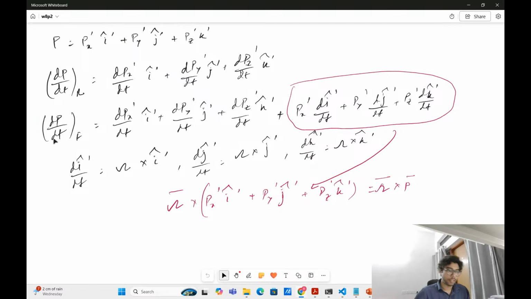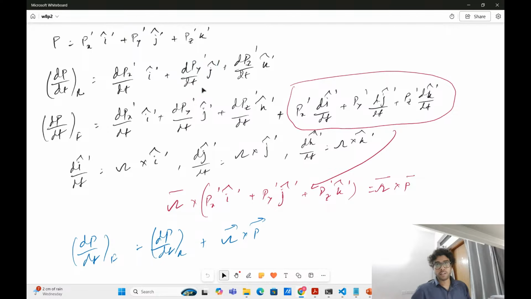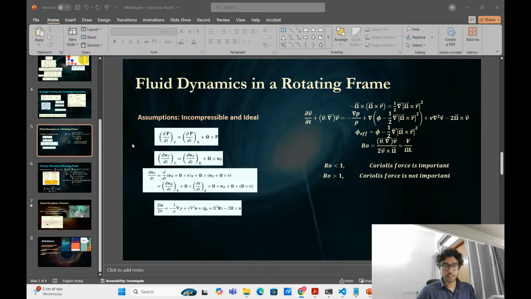So therefore, the final expression will be dp dt in the fixed frame equals dp dt in the rotating frame, which is given as this, plus omega cross p. So this is a quick motivation of how we get this equation.